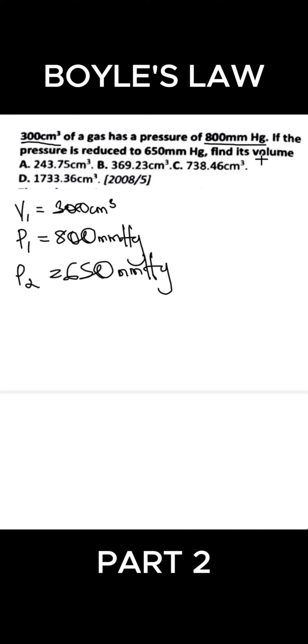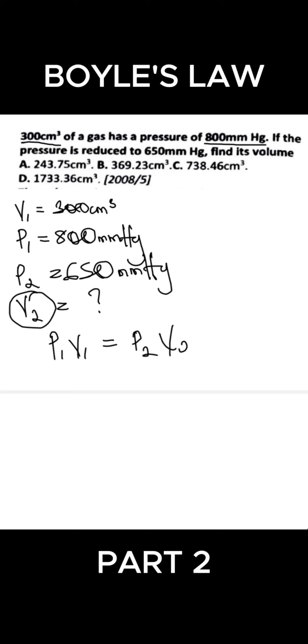It says find its volume. Take note, we already have the first volume. The second volume we want to find is V2. Always start out like this. When you state out all your parameters, we know V2 is what we are looking for. The next thing is to write your formula, which is P1 V1 is equal to P2 V2. Now first, make V2 the subject of formula, so only V2 stands on its own. Remove the P2 that is close to it.